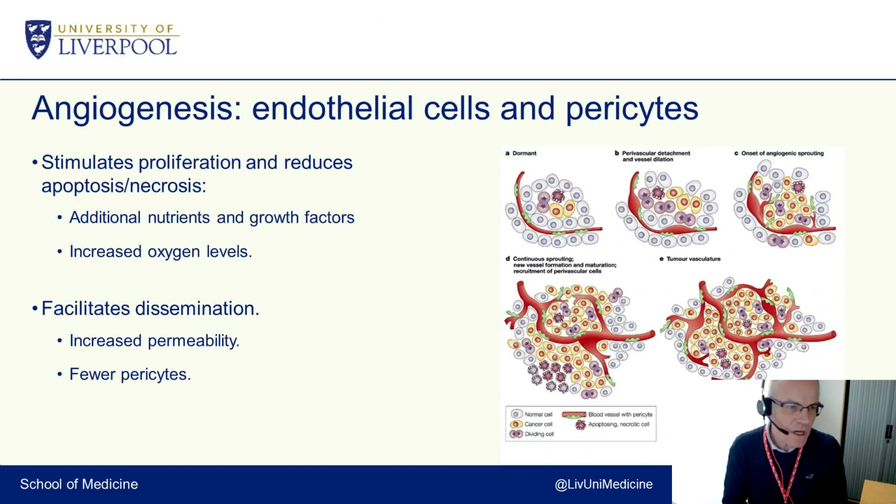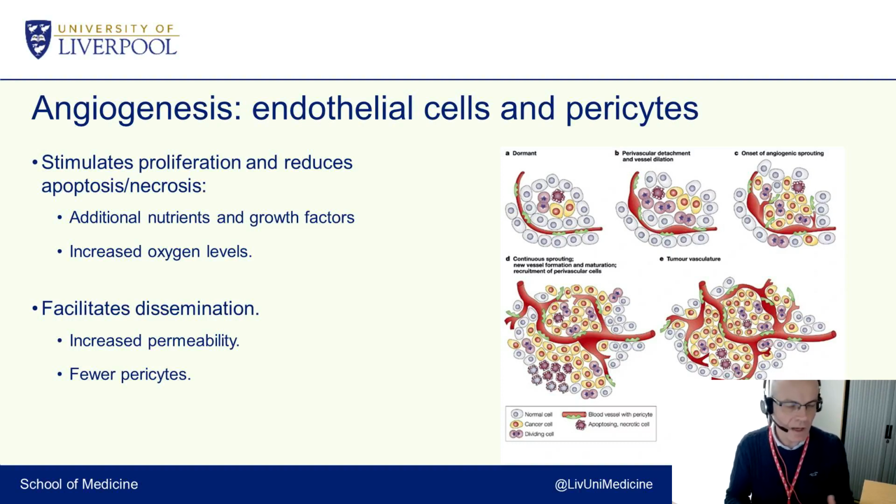What about angiogenesis? Well, angiogenesis is very important in the development of cancers. They need a blood supply. And so you can see from the diagram on the right here, as the tumour progresses, that the endothelial cells begin to divide, largely driven along by the lack of oxygen and the needs of the tissue, and they start to sprout.